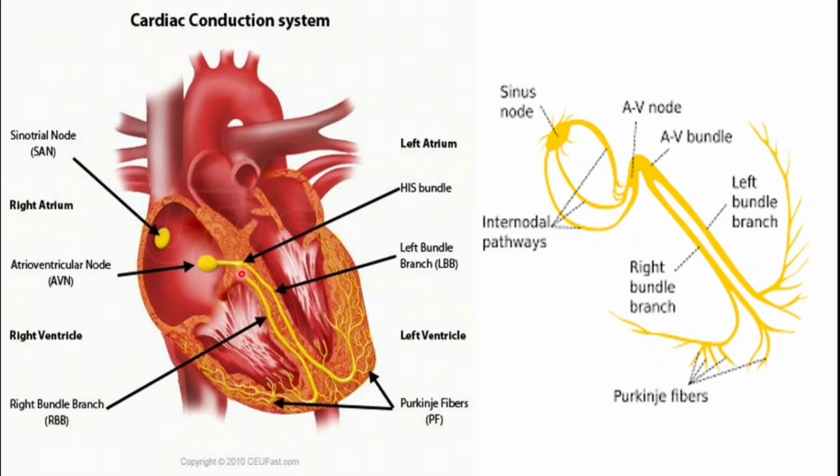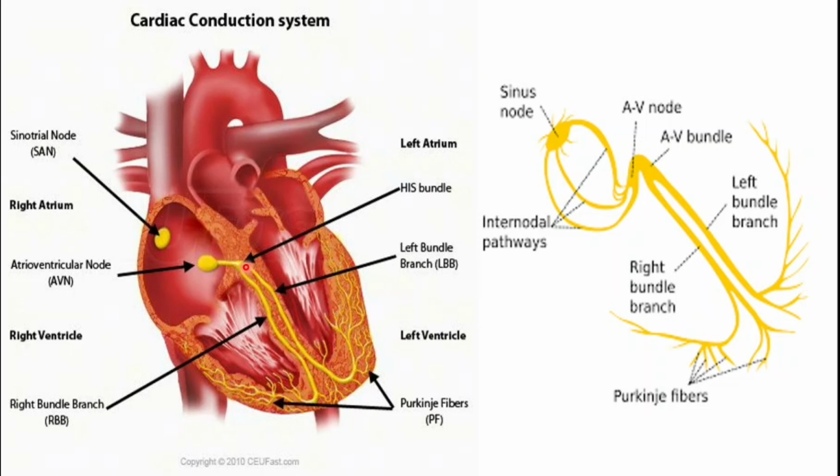So the right bundle branch then moves into the right ventricle in the interventricular septum, and it comes into the base of the papillary muscles, and then it further divides into small fibers which are known as the Purkinje fibers.